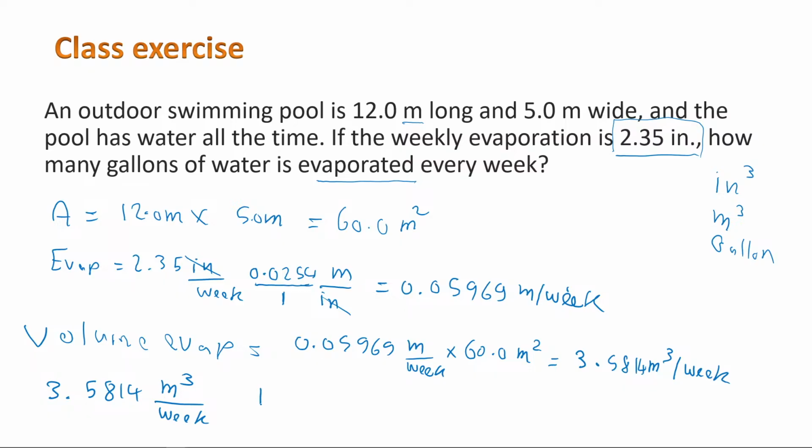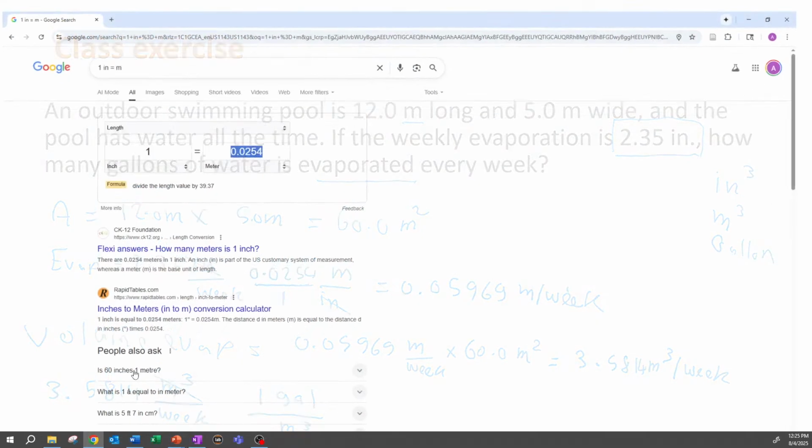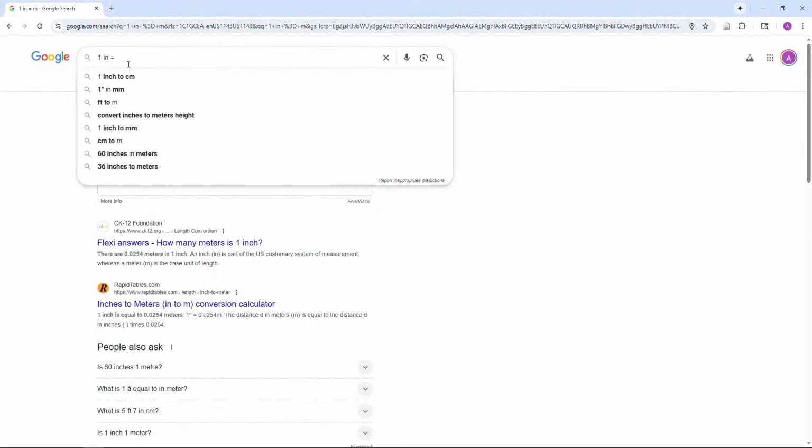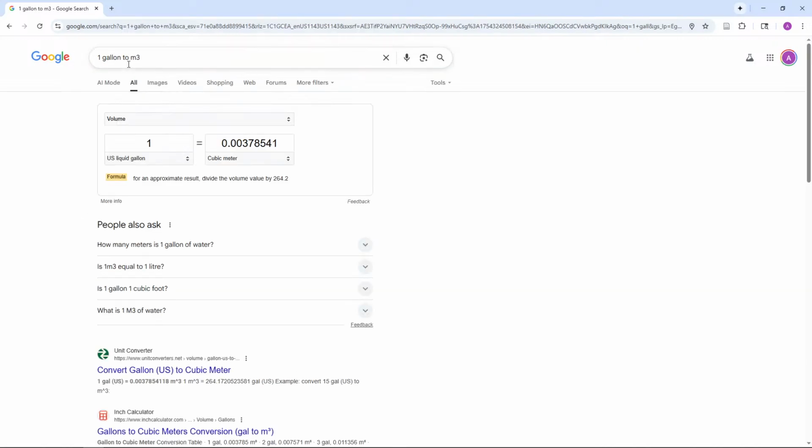So I will say 1 gallon has how many meter cube, because then the meter cube will go away and I will have gallons per week. Again, you can go and search for 1 gallon to meter cube.